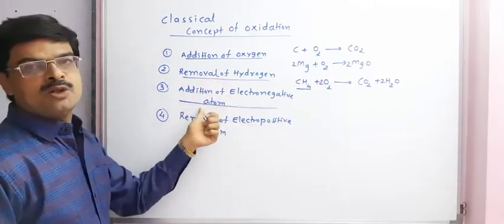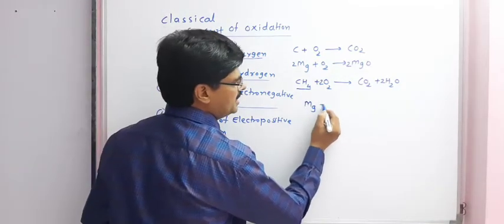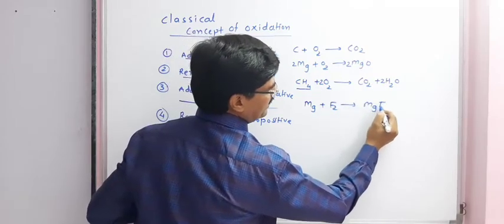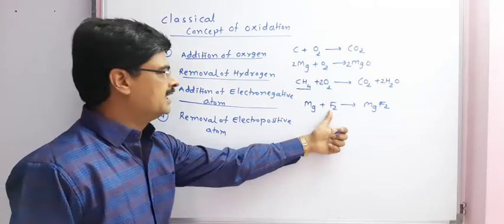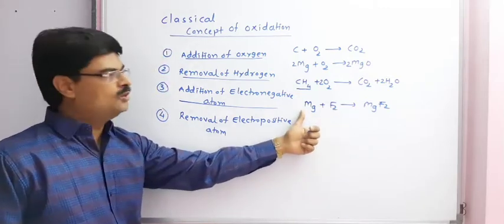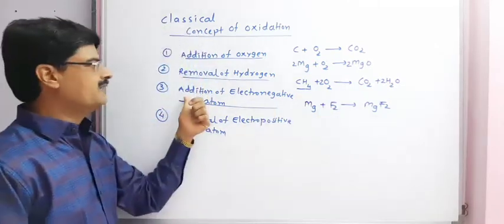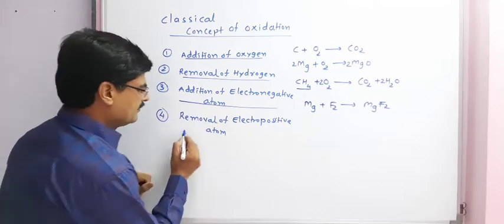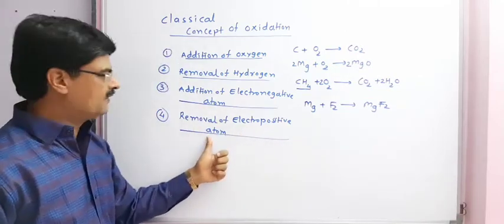Addition of electronegative atom: Mg plus F2 gives MgF2. As fluorine is electronegative, we have added it to magnesium. The product is MgF2. So here we can say addition of electronegative atom. Now fourth, removal of electropositive atom.